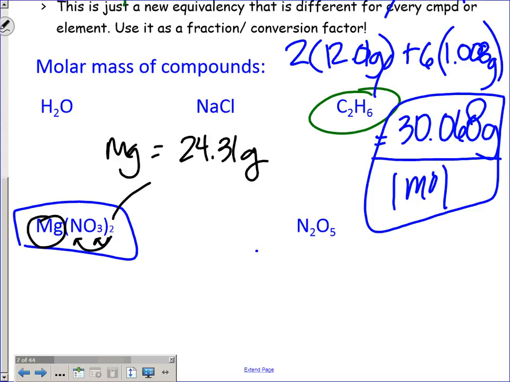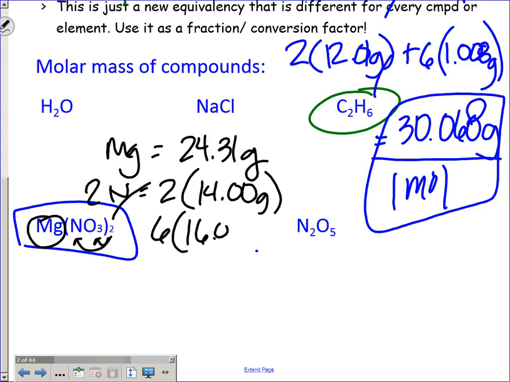And then how many nitrogens do we have? 2, so 2 times N, that's 2 times 14.00. Nitrogen, right? Okay. How many oxygens here? 6, so 3 times 2 is 6 oxygens, so 6 times 16.00 for oxygen. Yeah, okay. So add all those up.